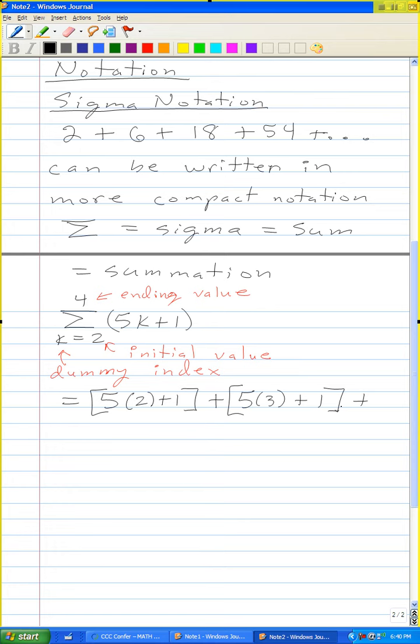And I keep doing that till I get to the ending value of my index, which in this case is 4.